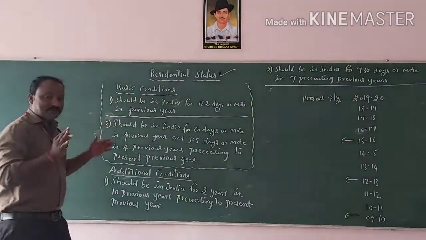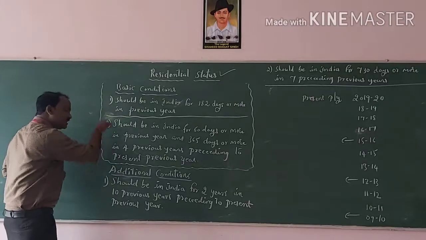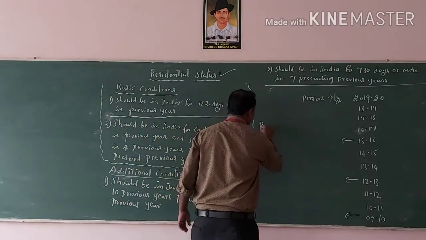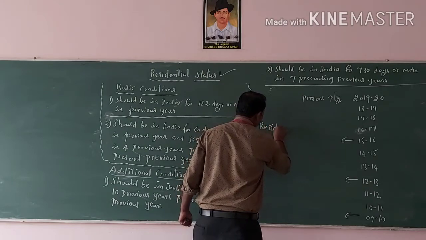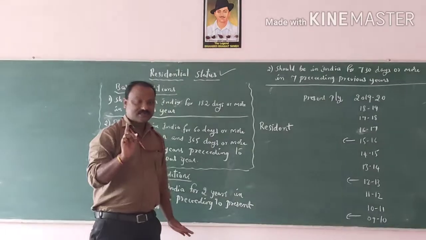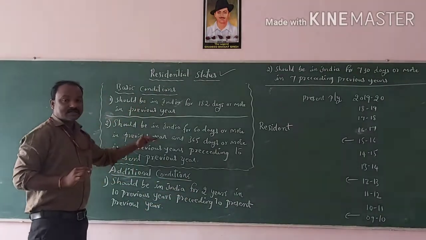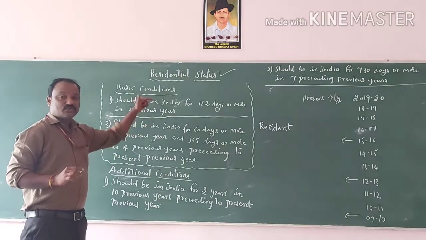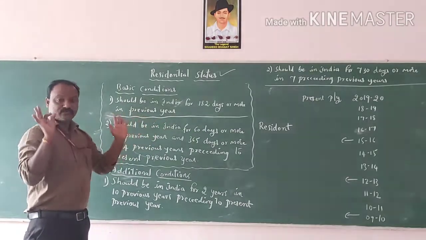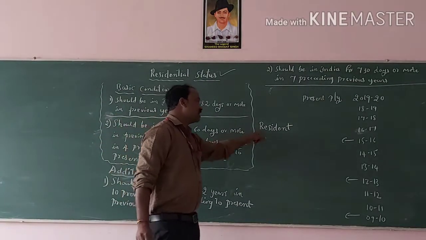If any person fulfills any one of these basic conditions, he will be treated as resident. Are you understanding my point? Very simple. Of the 2 basic conditions, if one or both are fulfilled, then only that person is called a resident.